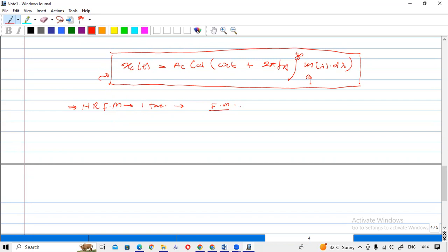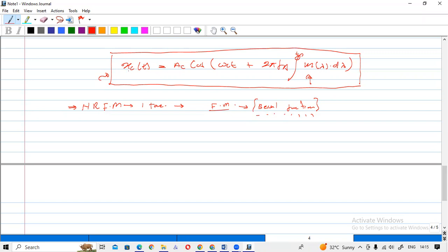To find the spectrum, we have another approach: using the Bessel function also we can find the spectrum. I think using the Bessel function it may be easy, so maybe we can use this method. I will explain it and upload the lecture.